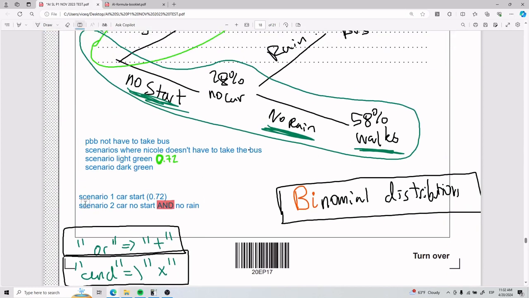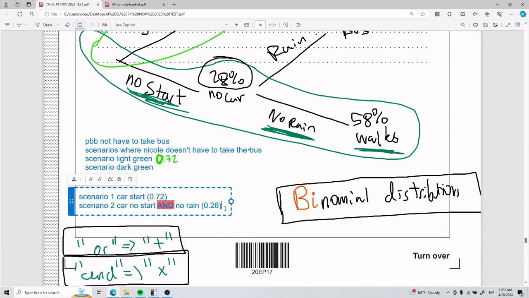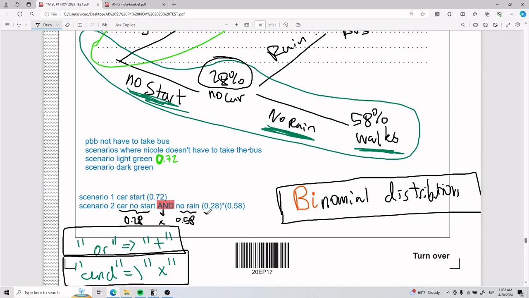And so from here, because and is multiplied, probability of car no start is 0.28. It's this 0.28 that's here, times, because we have and, probability of no rain, 0.58. And so no start, 0.28, and means I multiply, no rain, 0.58. That is how I ended up with this.